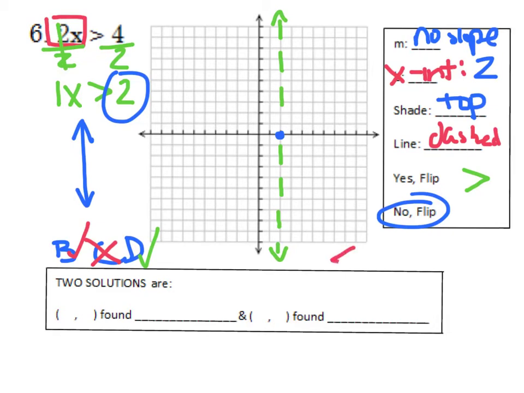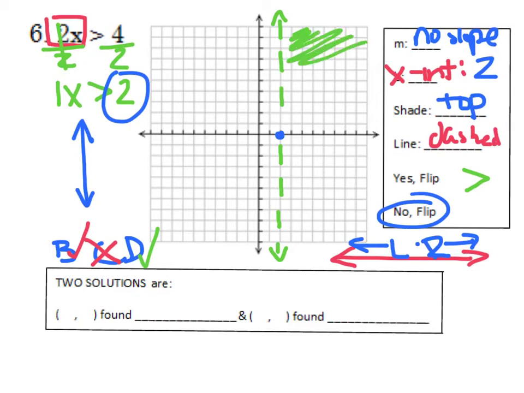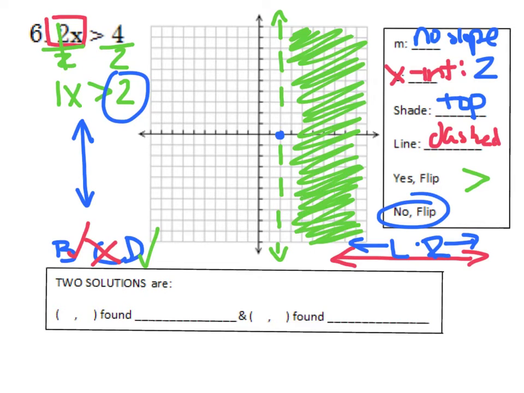Now remember, if we have a number line, okay, our bigger numbers go to the right and our smaller numbers go to the left. So top would also signify then to the right because we're looking for bigger values. Okay, greater, bigger, we're going to the right. Okay, so that's the area that I should shade.